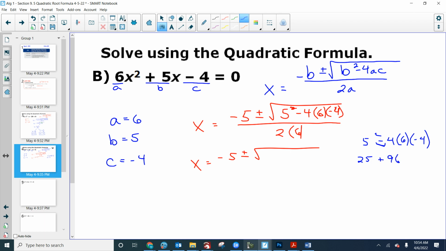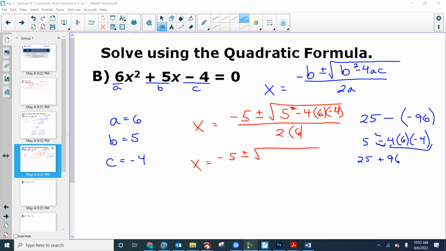Do you agree? Option 2: 25 minus, and then you do 4 times 6 times -4, and that would be -96, and then you make the minus a negative a plus. Does that make sense? But if you already typed in the negative, don't do it again. All right? So I just put the whole thing in with parentheses. If you're careful, it's fine.